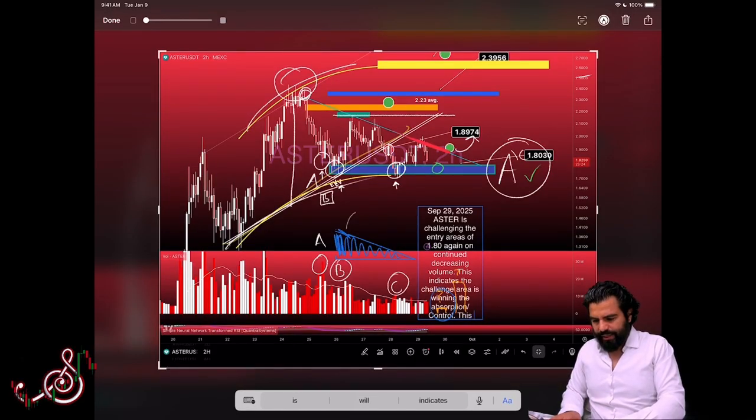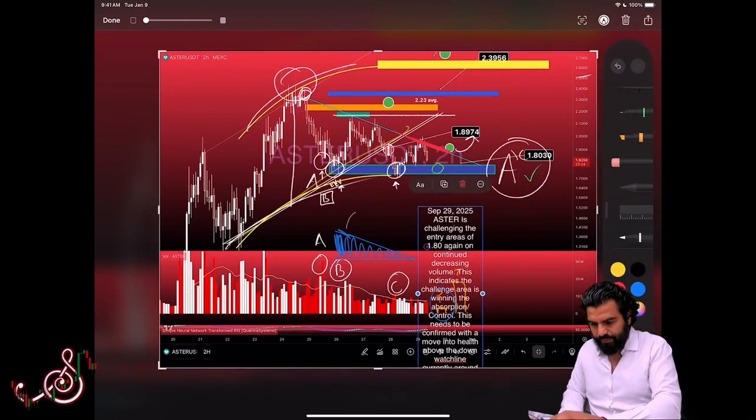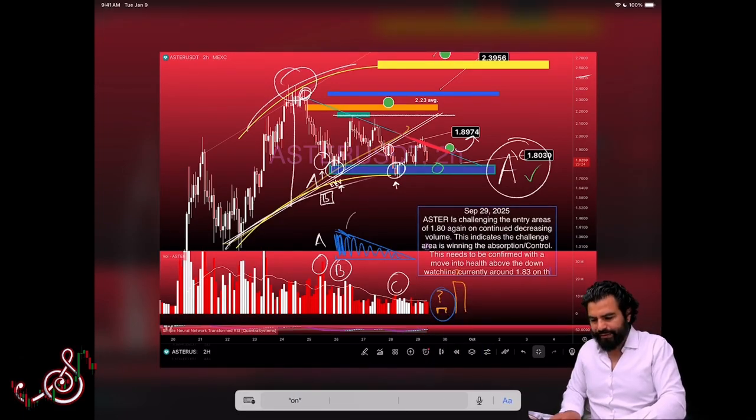This needs to be confirmed with a move into health above the down watch line, currently around 183, currently above 183 on this 2-hour chart.